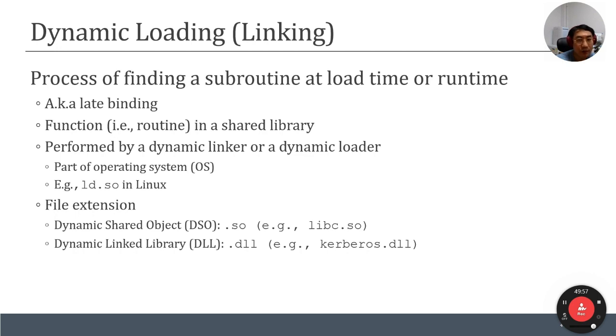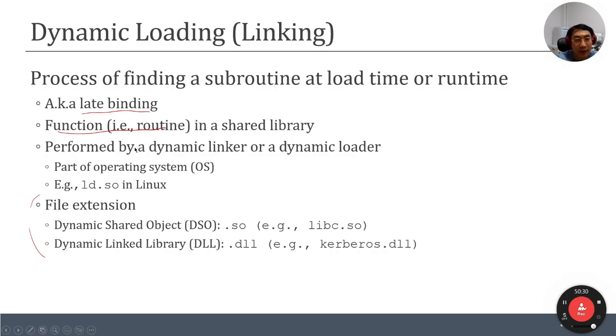You should utilize a specific function from a library at runtime or load time. This is also known as late binding, because you should wait until load time or runtime to obtain a function in a shared library. I think we already covered the file extension before.